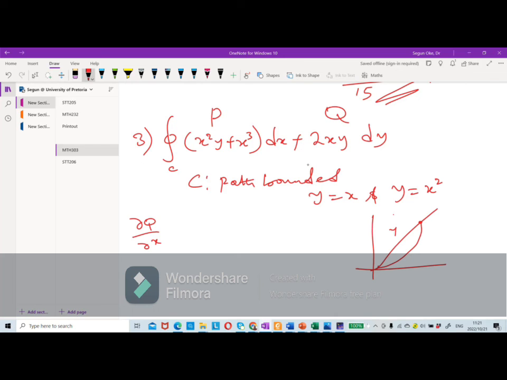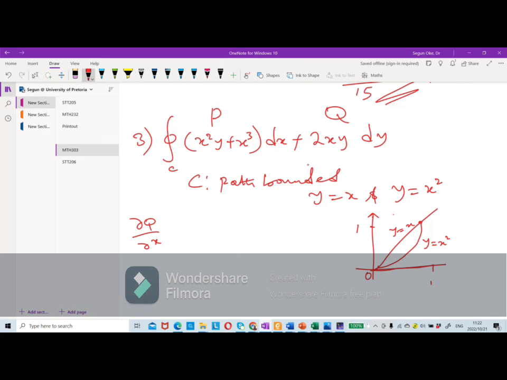Because y equals x, then y is also equal to x squared. Don't forget, in this case, x and y, 1 is here, and this point, also 1 is here. At the origin, 0. So all we need to do is just to check when x is equal to 0, what happened to the y?